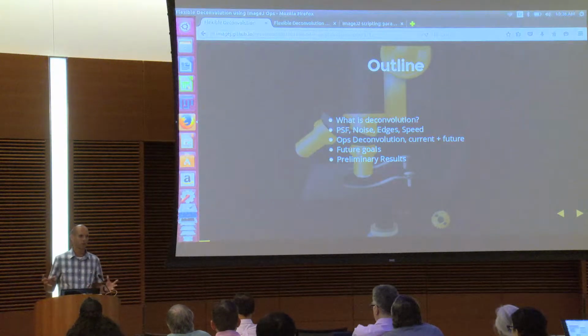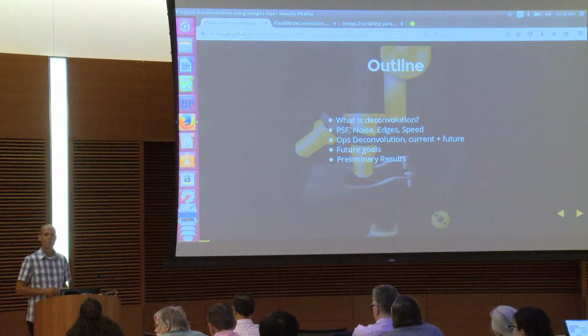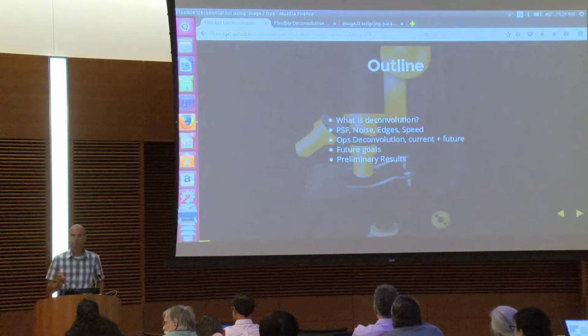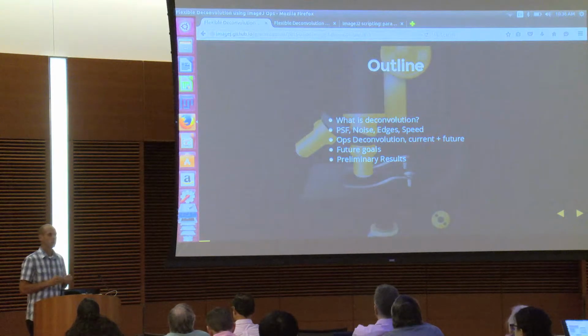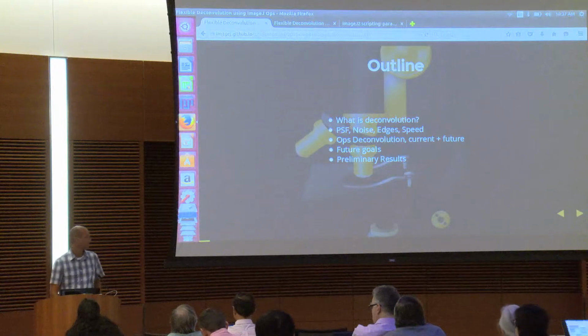This ImageJ Ops project, Curtis mentioned it yesterday, and we're going to do a tutorial on it later on. It's just a really, really good architecture for reusing code and making it easy for others to use. So it's really useful for me: when I do a project, sometimes aspects of it are proprietary, but I end up having a lot of general stuff that I need a way to organize, and Ops accomplishes that.